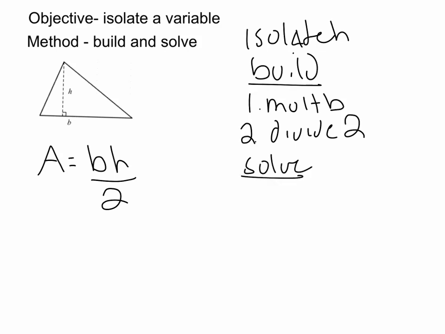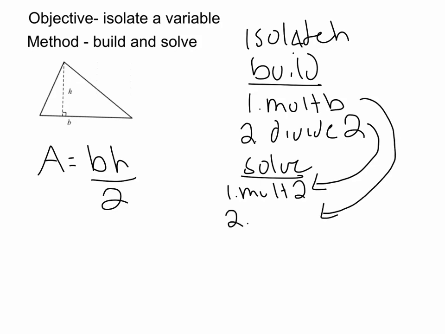For our steps to solve the equation, let's start by undoing that last step. We're going to undo dividing by 2 and multiply by 2. Then I'm going to undo multiplying by b and divide by b. So I'm going to start by multiplying the left and the right side by 2.